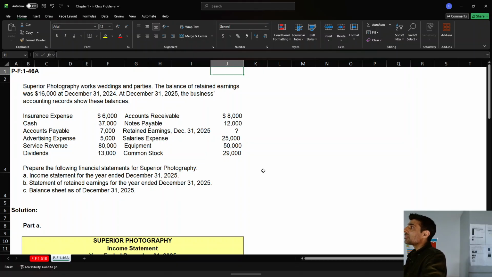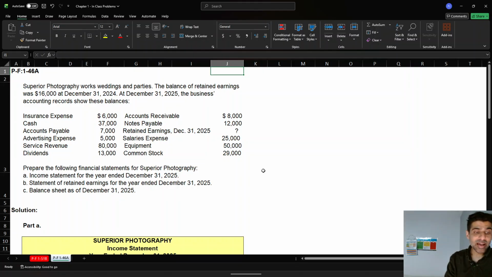We have revenues, we have expenses, and dividends. So within equity, there's a lot of stuff. Basically, you need to go through this and figure out what is an asset, what is a liability, what is a revenue, what is an expense. Dividend is obvious. It just says dividends. And the common stock is contributed capital.